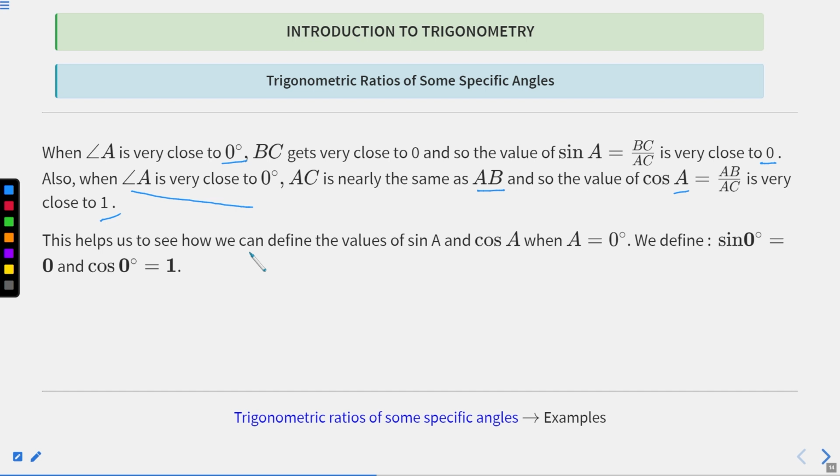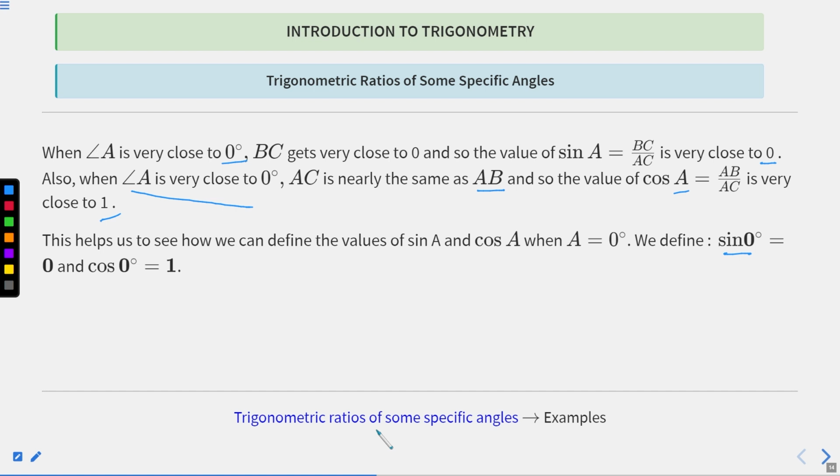0 degrees. Okay, so we define sin 0 degrees equal to 0 and cos 0 degrees equal to 1. Why does this happen? Because when angle A is very close to 0 degrees, then BC gets very close to 0. Okay, and then the value of sin A, which is equal to BC by AC, and here the value of BC is very close to 0, so the trigonometric ratio sin A is almost 0.